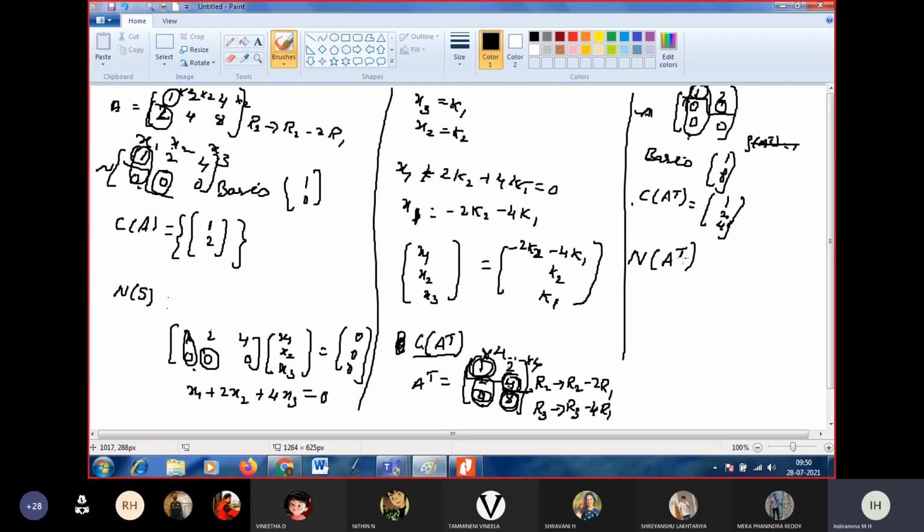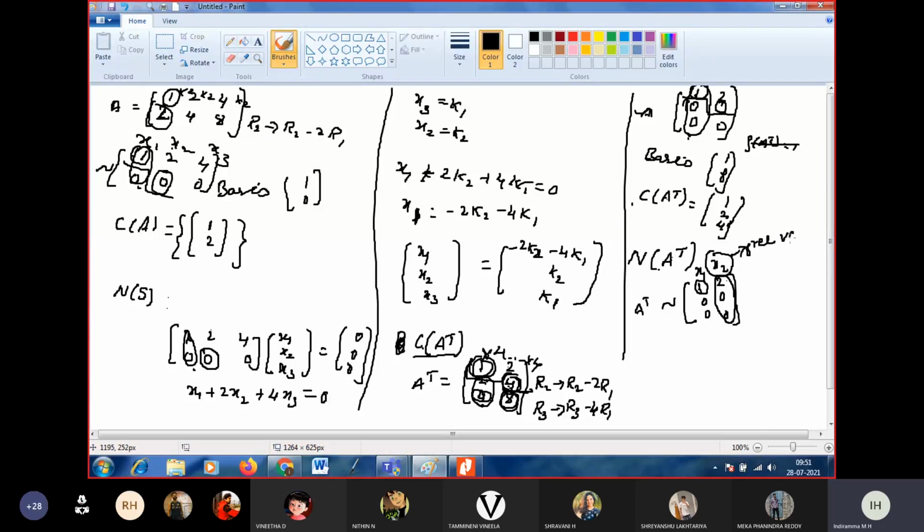So next, for the left null space, first find A transpose. Already we found A transpose and reduced it to row reduced echelon form. You consider this one only. So A transpose is equivalent to 1 2, 0 0, 0 0. The first column is variable x1, the second column is variable x2. The first column contains the pivot element, the second column does not, therefore x2 is called a free variable.